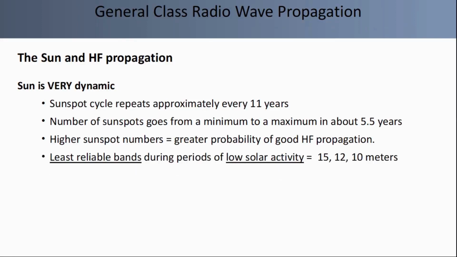On the other hand, if you find yourself in the solar minimum, the least reliable bands during periods of low solar activity are those higher frequency bands, 15, 12, 10-meter bands. Up in the higher part of the HF range, those bands don't produce well during low solar activity. We're on the upswing. Propagation on those bands is picking up.